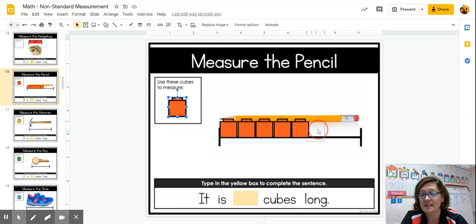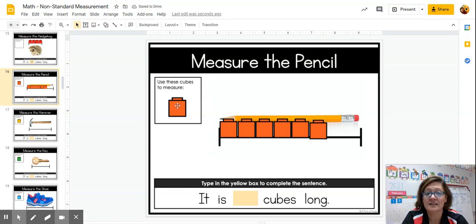Let's see. Oh, that's not on the line. 6. 7. Ooh, I'm getting close. Look, it's almost there. And move it over a little. 8.